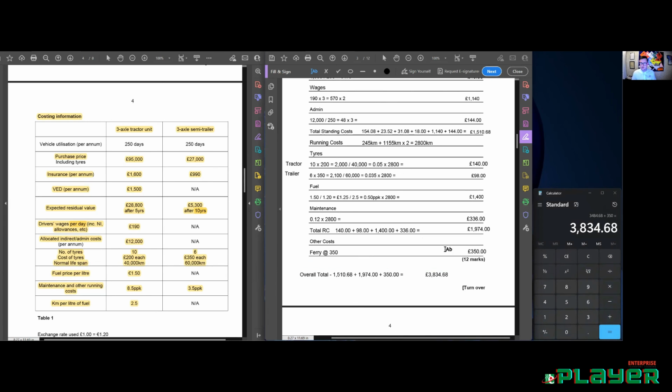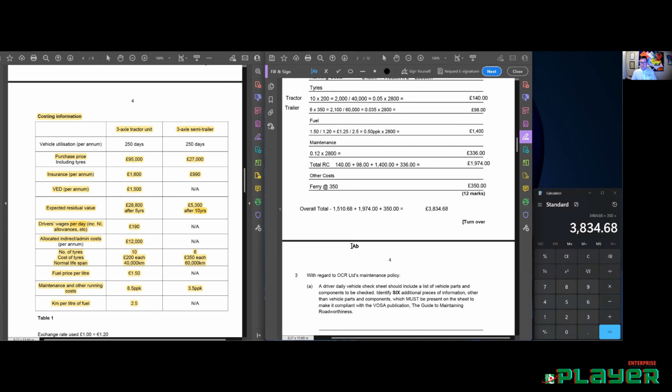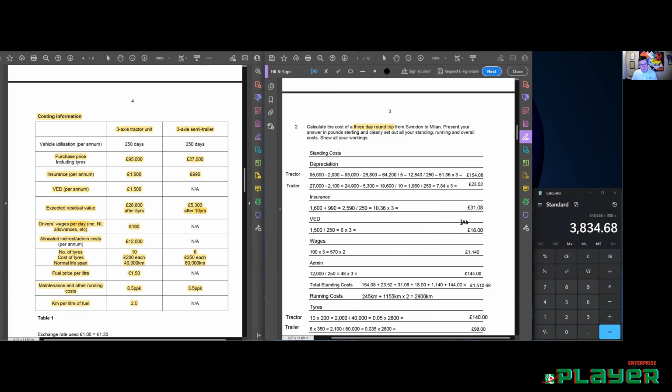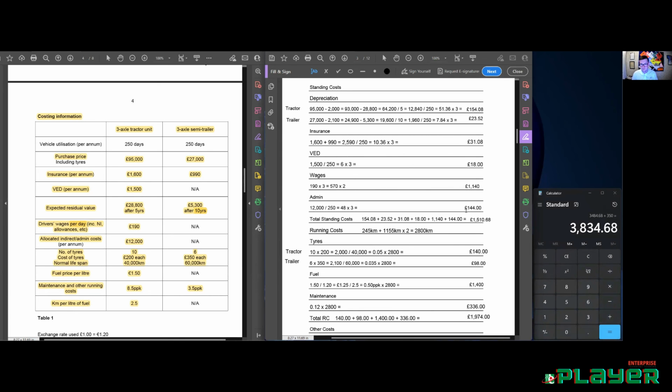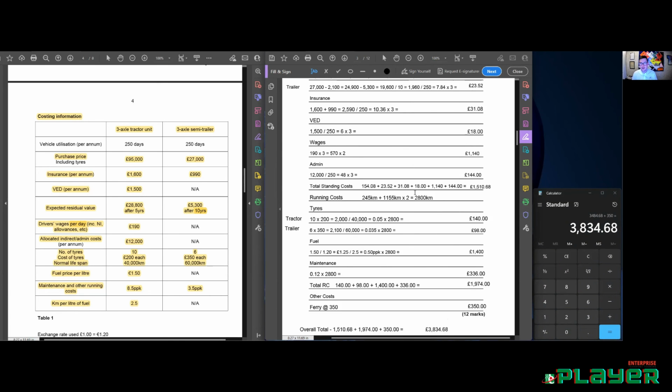There we go. Now that question is worth 12 marks, which is a significant portion of the exam and was a significant portion of this particular exam.